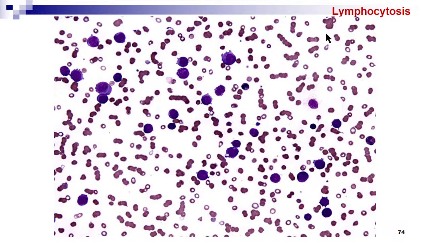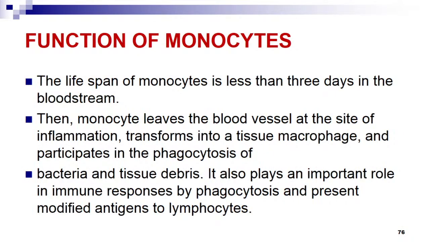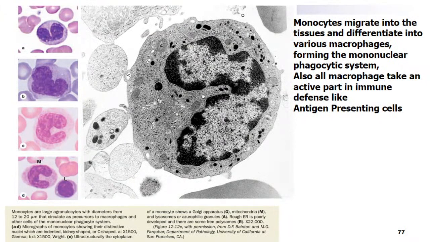Look at this one: lymphocytosis, an increase of lymphocytes, ordinarily seen in some oncological processes. And monocytes. We also see the bean-like shape, as we discussed before, and I want to show you the last photo. These are types of monocytes in peripheral blood. You have to identify them by the horseshoe shape.